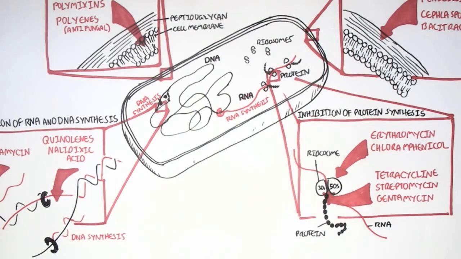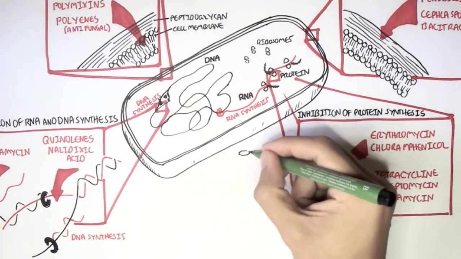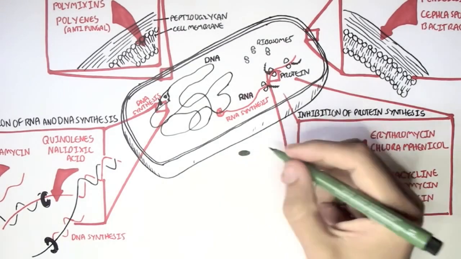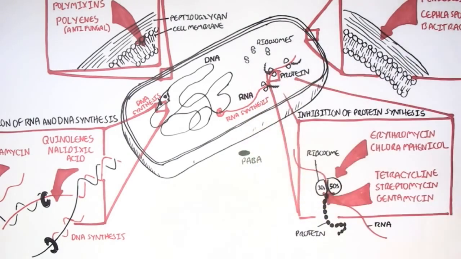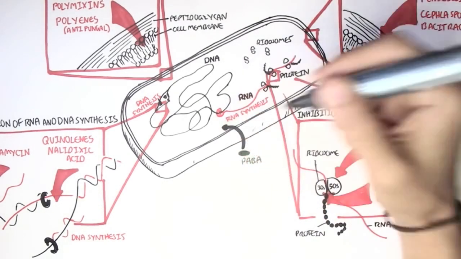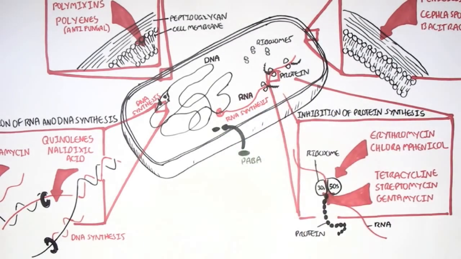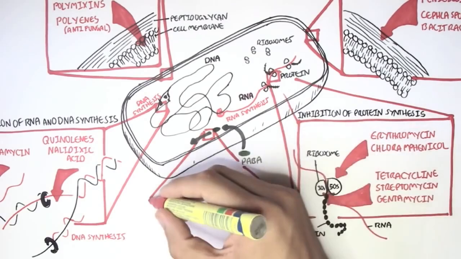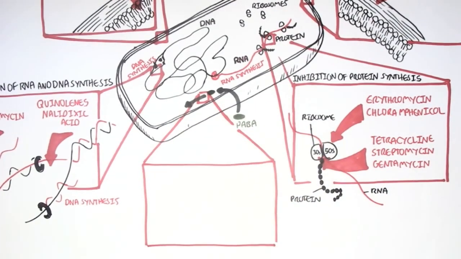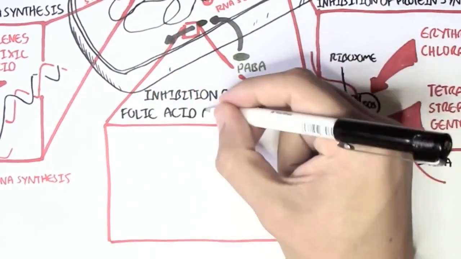The last type of antibiotic are the ones that inhibit folic acid metabolism. Normally, this green thing here called PABA, which stands for para-aminobenzoic acid, is a precursor to folate. So the bacteria can metabolize PABA into folate. There are antibiotics out there that inhibit folate or folic acid metabolism.